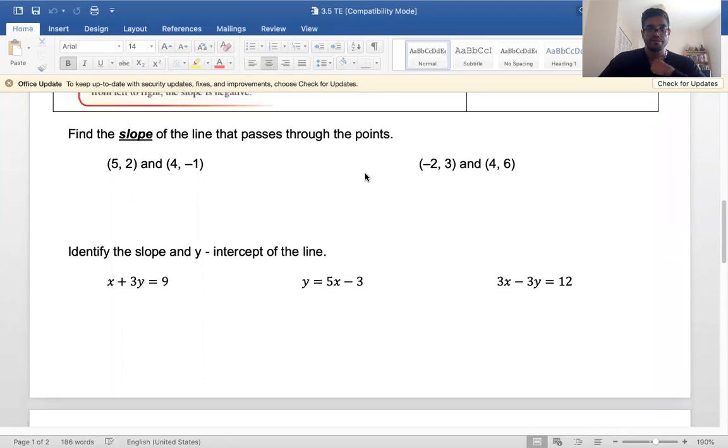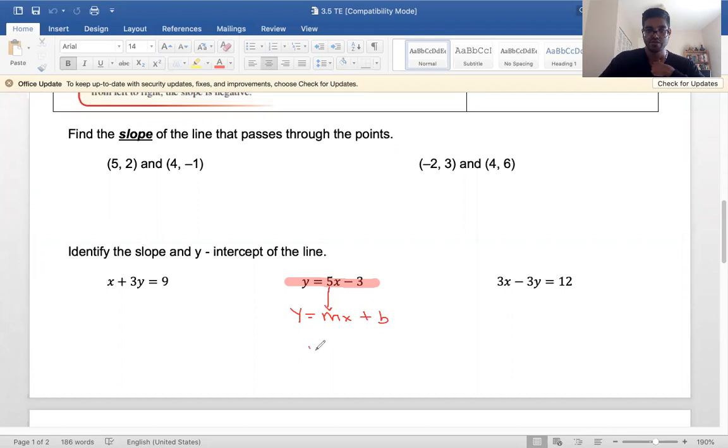So you can work on the second one, but I'm going to skip down here to the bottom. I'm actually going to do the middle one first. So this is in slope-intercept form already. What you notice is you have y equals mx plus b. So the number in front of your x term represents your slope.